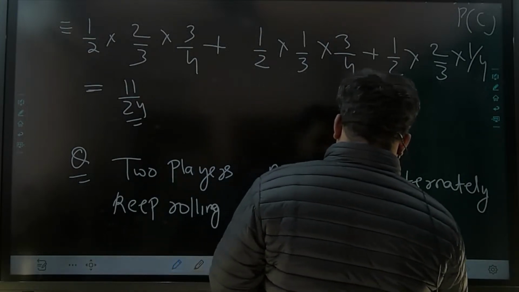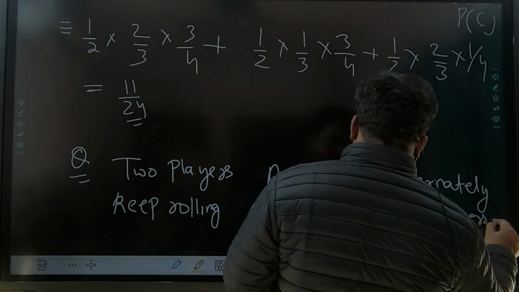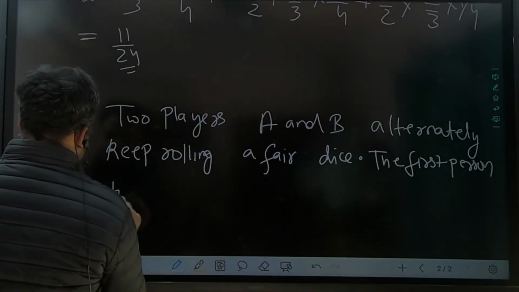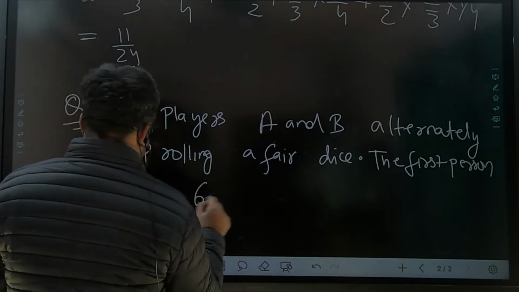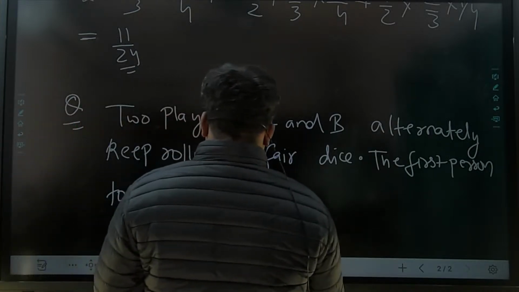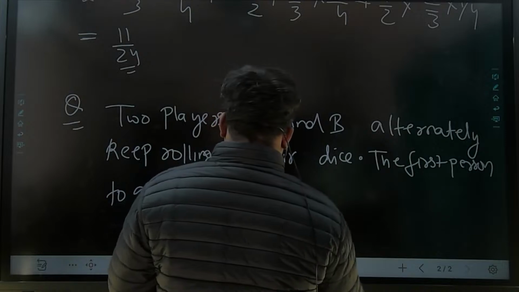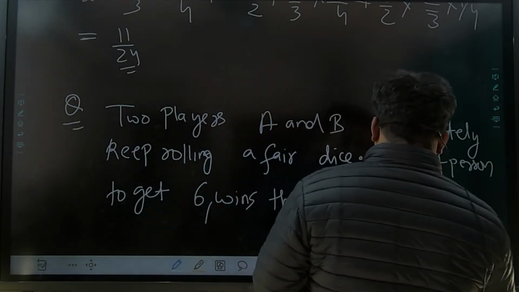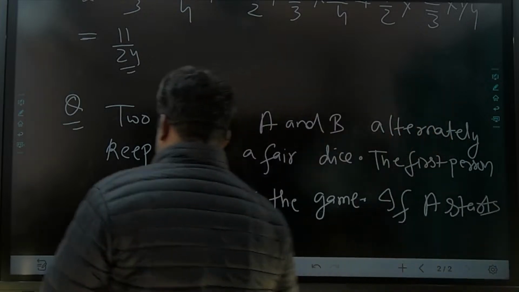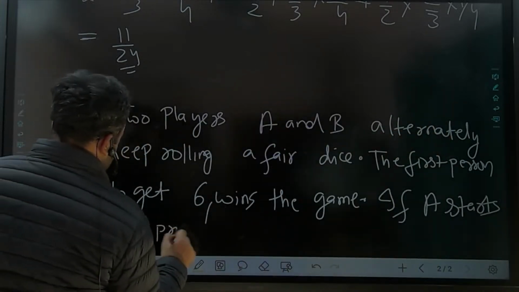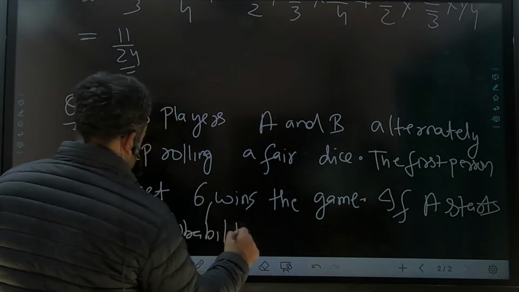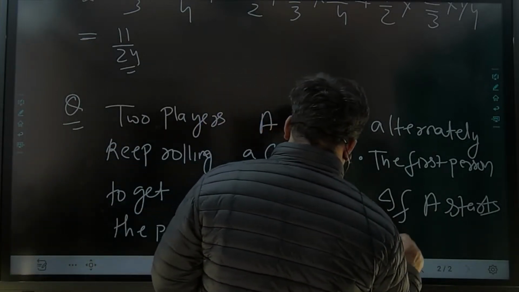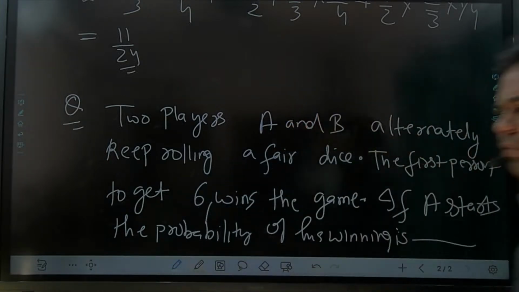The first person to get 6 wins the game. Now if A starts, the probability of his winning is... very standard, very popular question.